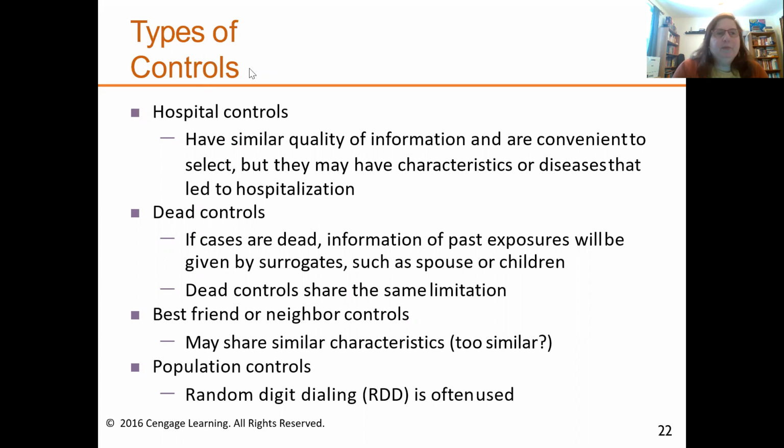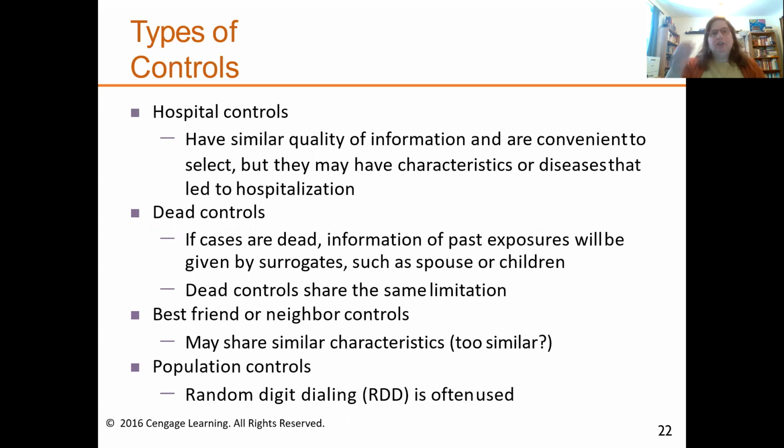Hospital controls, for example. They have a similar quality of information and are convenient to select, but they may have characteristics or diseases that led to the hospitalization. So let's go back for just a moment to our coronary heart disease and smoking example.